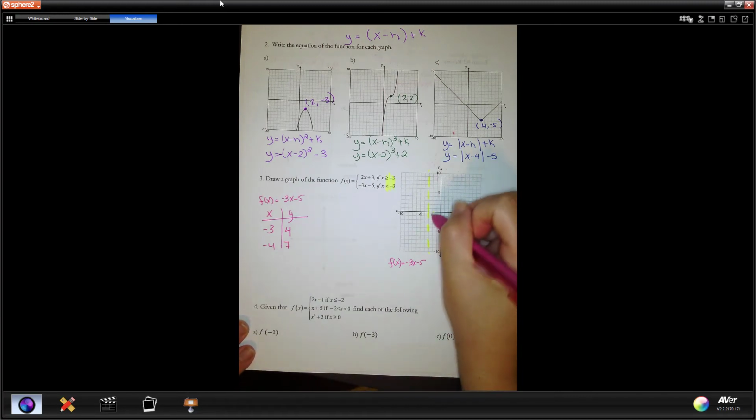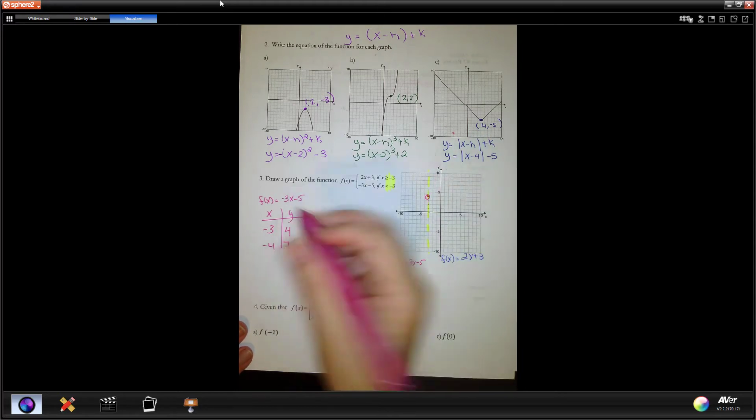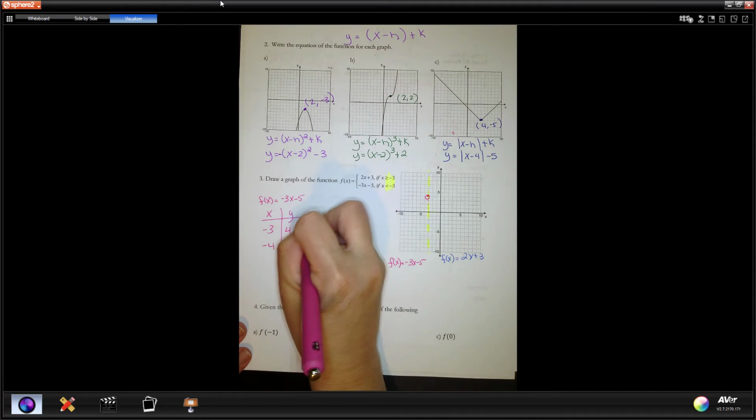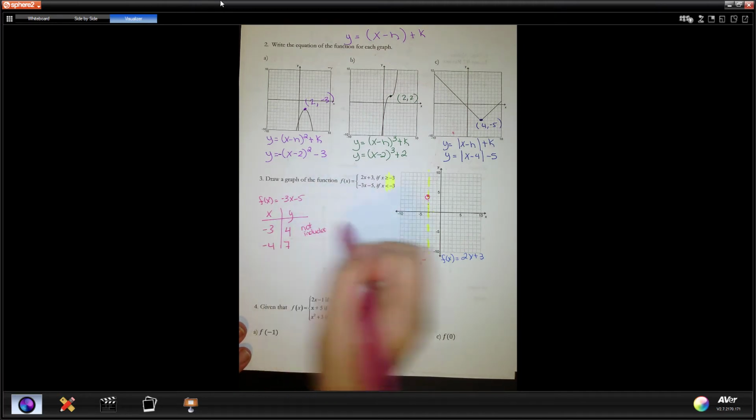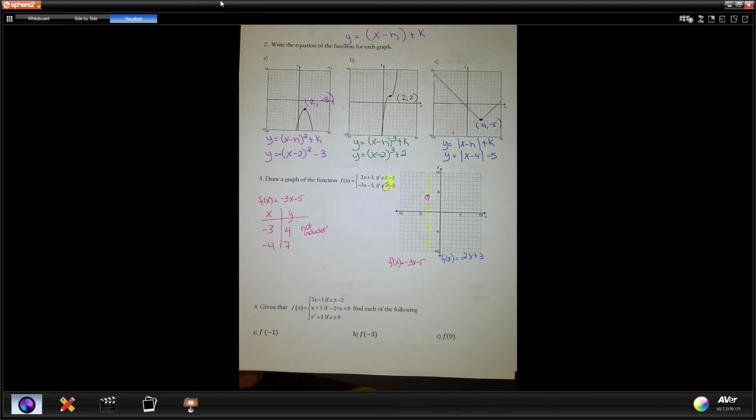So I'm going to go ahead and graph those two. So negative 3 and then 4. This is where we need to be very careful that this point right here is not included. This one right here, because of that less than sign.